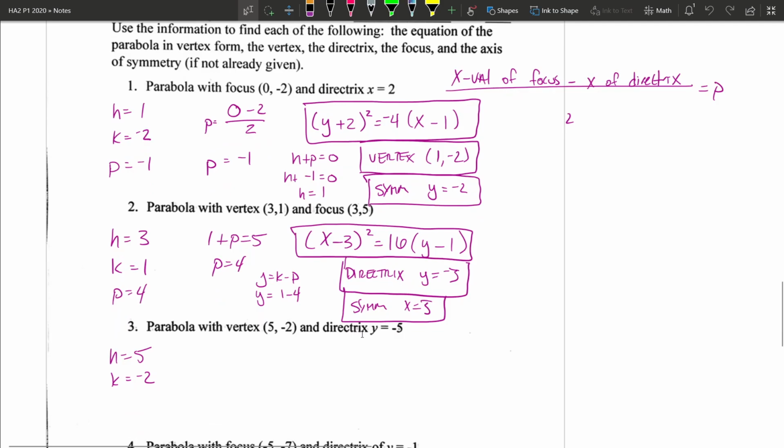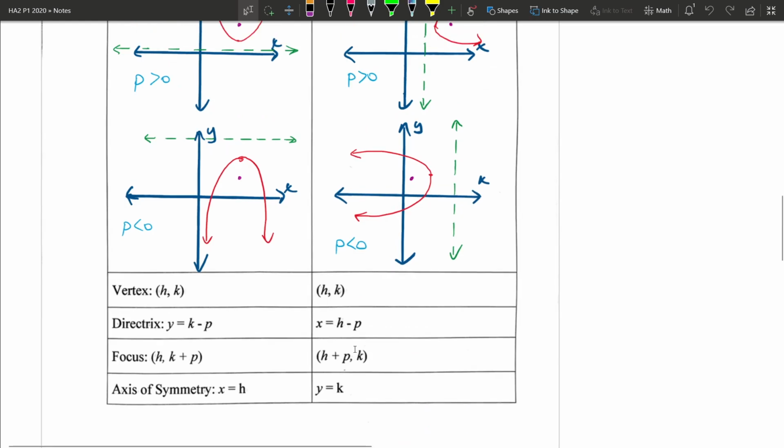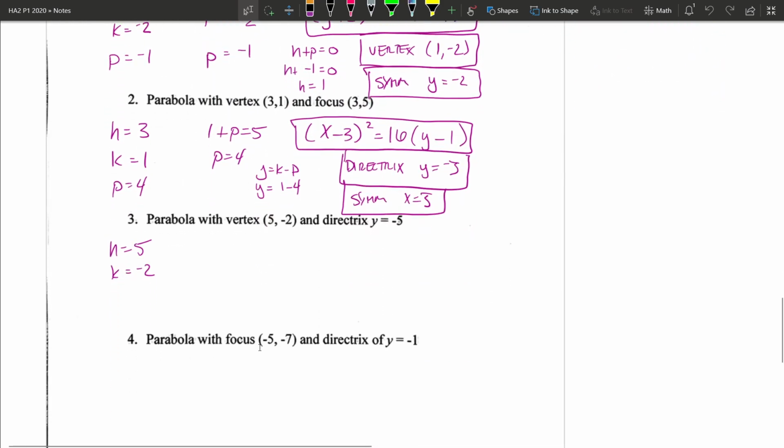So we're looking for p, and we've got the directrix, y equals k minus p. So negative 5 equals negative 2 minus p. If I add the negative 2 to both sides, I get negative 3 equals negative p. And we have what we needed. Hard work's done.